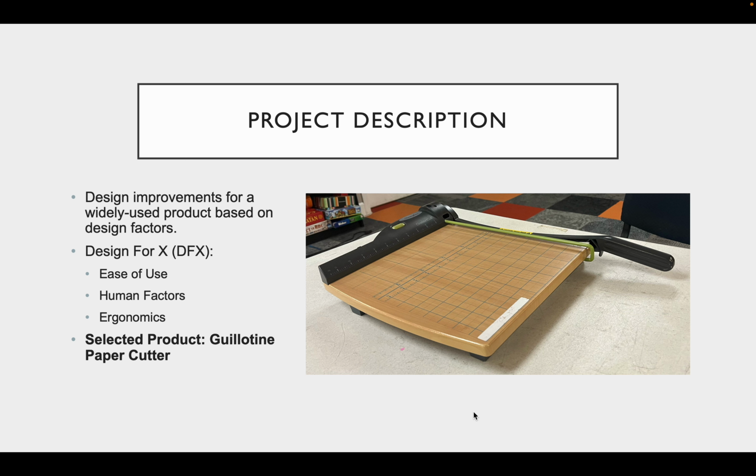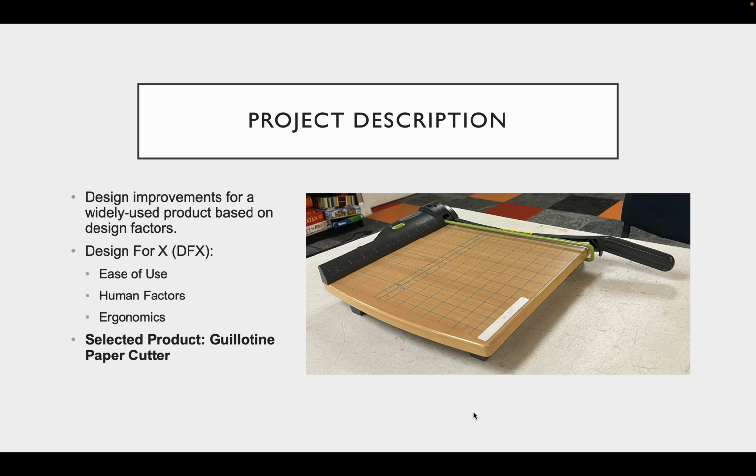Designing for ease of use means to design a straightforward product that users can look at and understand how to use without it being overcomplicated. Designing for human factors is seeing how intuitive a product is for somebody and understanding if this is a product that people need and that people can use.